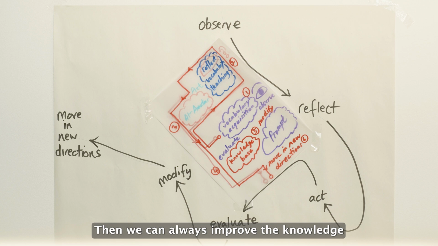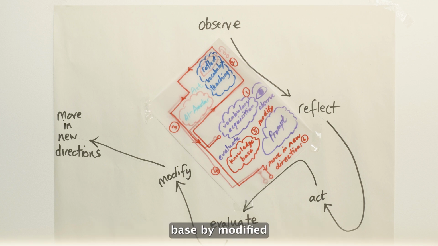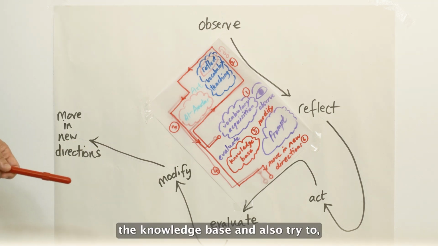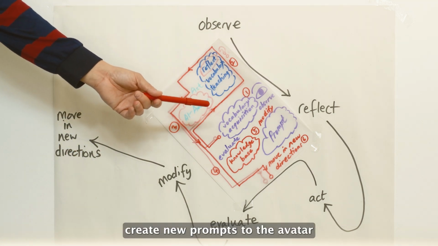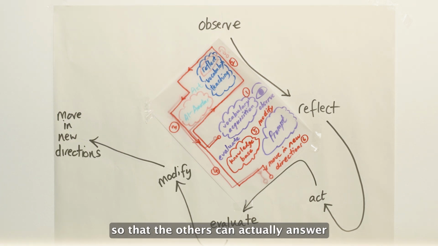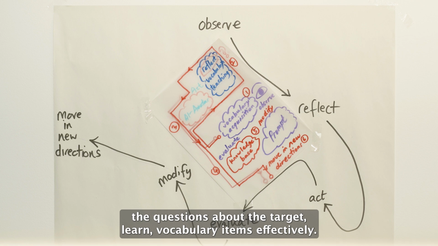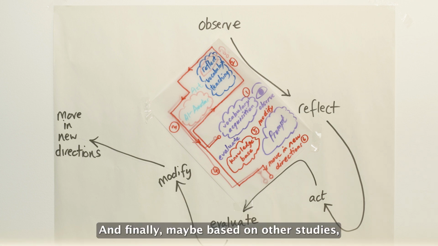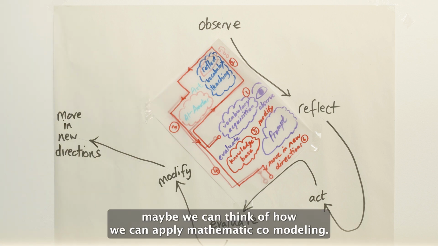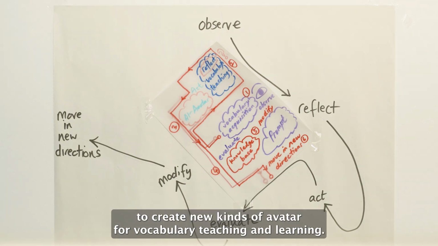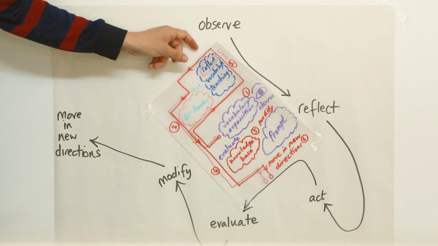After that, we can improve the knowledge base by modifying it and also try to create new prompts for the avatar so that it can answer questions about the target vocabulary items effectively. Finally, based on other studies, maybe we can think of how to apply mathematical modeling in going to new directions of how to create new kinds of avatar for vocabulary teaching and learning.